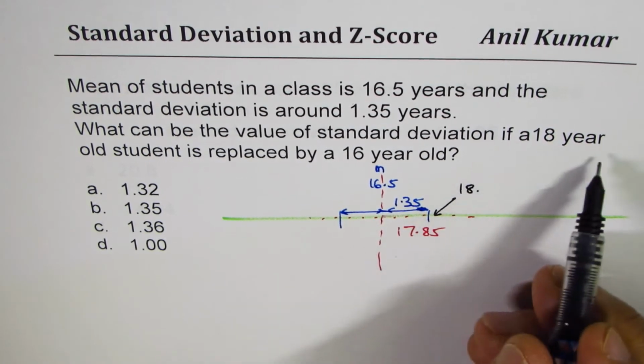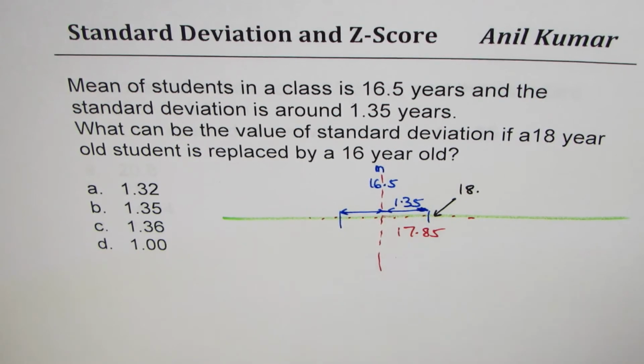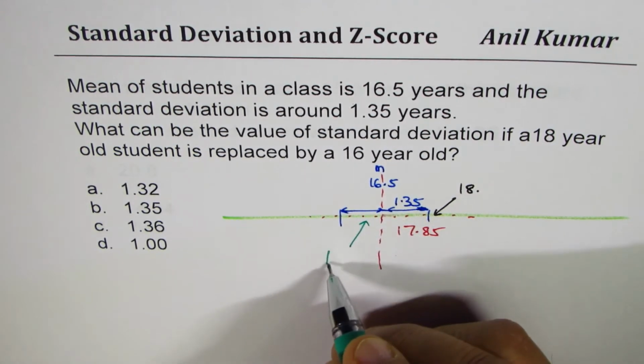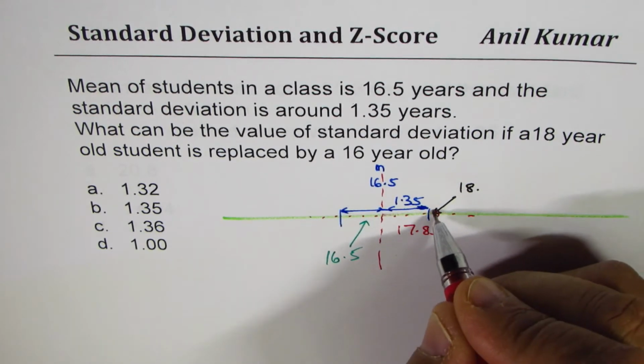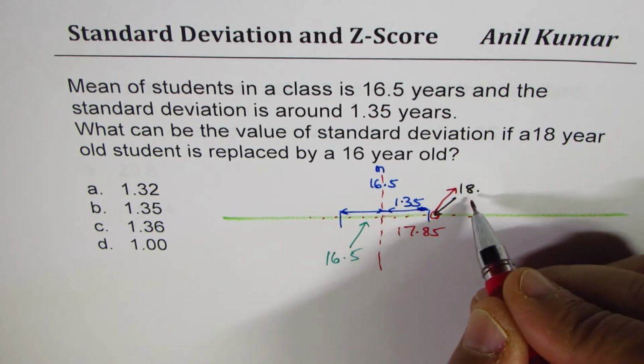An 18-year-old student is replaced by 16. So we take away 1 and we bring in another 1. The other student which we bring in is kind of here. We introduced 16 and we take away a data point whose age is 18.